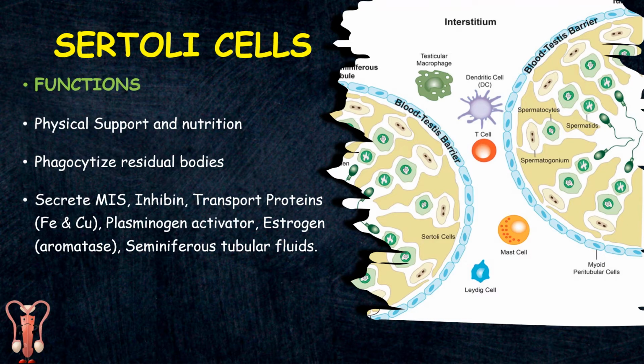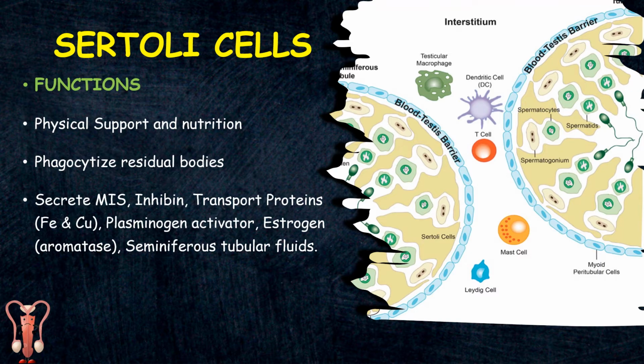And then transport proteins such as transferrin, which transports iron, and ceruloplasmin, which binds with copper. These transport proteins are formed by the Sertoli cells. And then plasminogen activator, which is required for the proteolytic activities for the disruption of the tight junction during the migration of maturing germ cells from the basal to the luminal compartment.